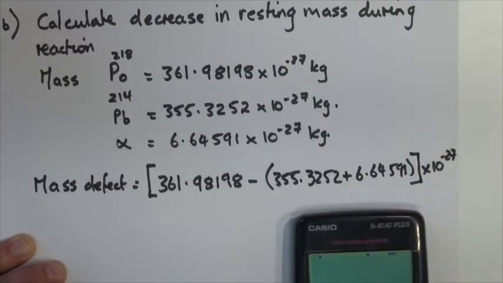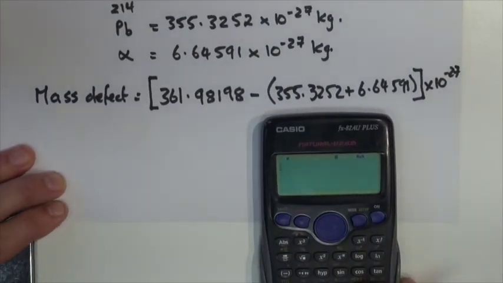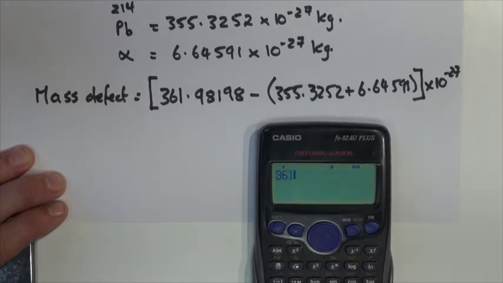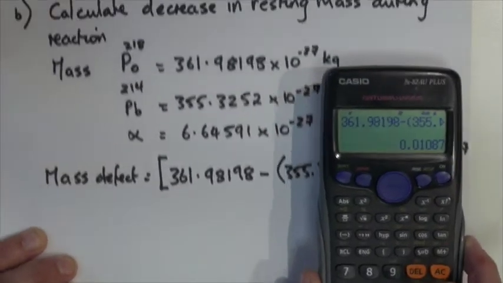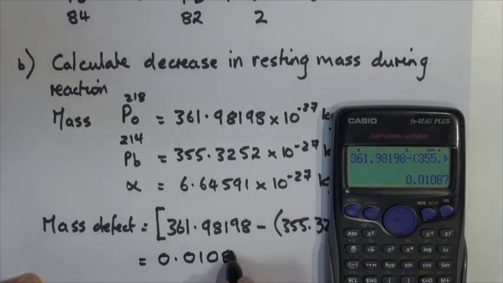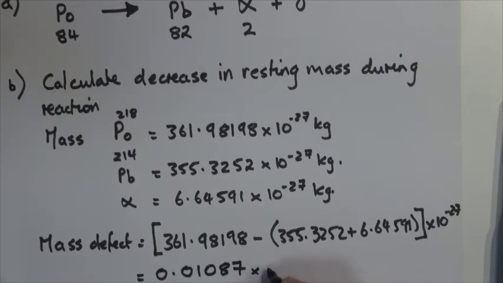On my calculator, I take the polonium mass and subtract the lead mass, 355.3252, plus the alpha particle mass, 6.64591, close brackets, and that equals 0.01087, remembering that I've got to add times 10 to the negative 27 kilograms. So that's the change in mass.